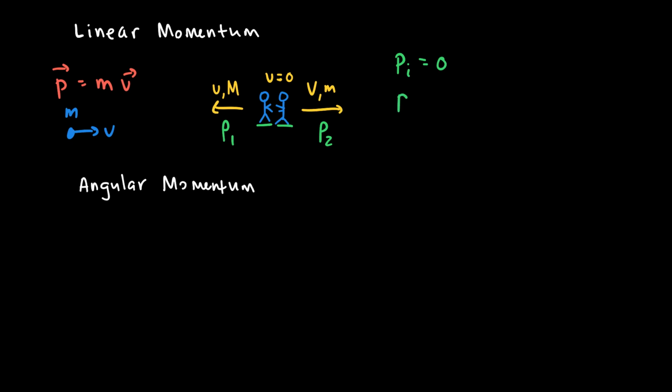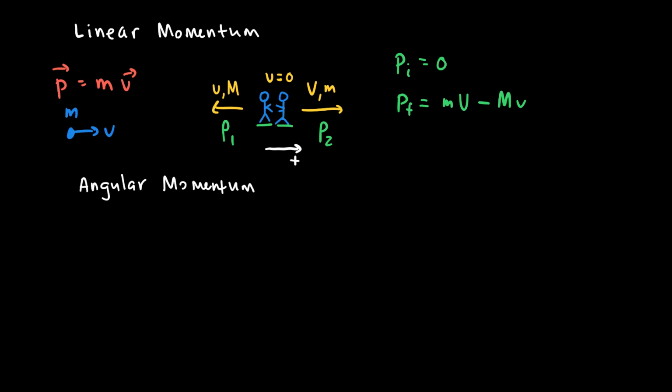The final momentum now, because momentum is a vector, if we decided to call to the right the positive direction, then the person number 2 on the right would have a positive momentum, and the way we would write that is little m big V, positive momentum, and then P1, which goes to the left, the momentum of the person on the left, would be a negative momentum because momentum is a vector, and they're moving to the left. So that would be minus big M times little v.